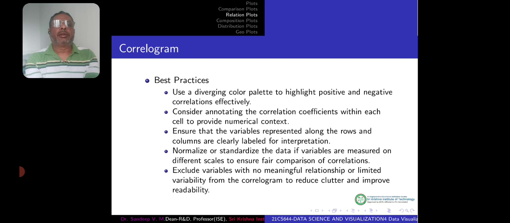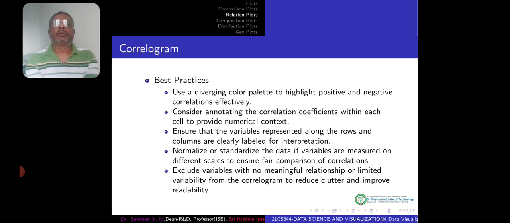So those variables which have no meaningful relation or have limited variability, please avoid them. Unnecessarily, don't include all the variables which don't make sense to our discussion, and that will reduce the clutter and definitely improve the readability of the plot.